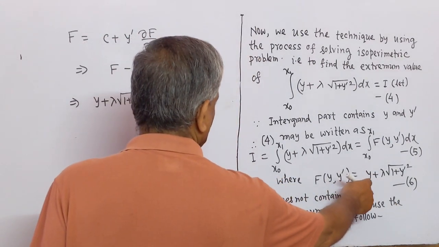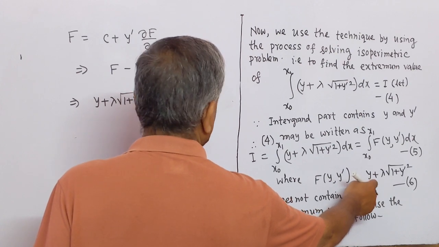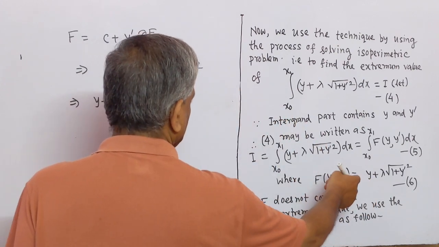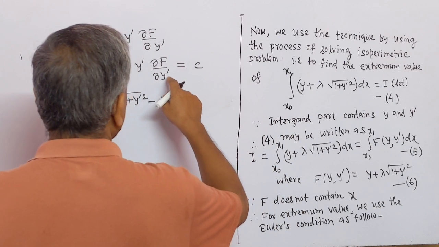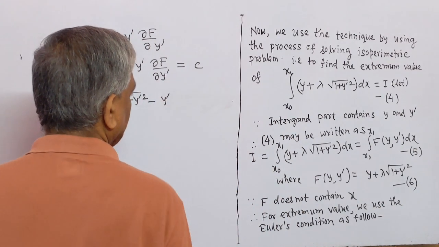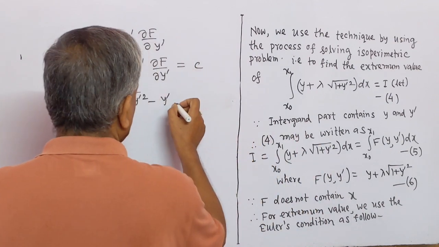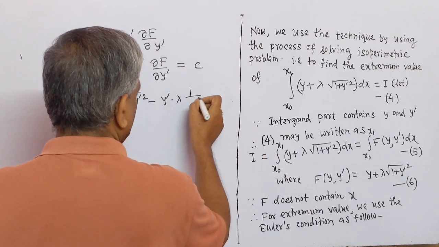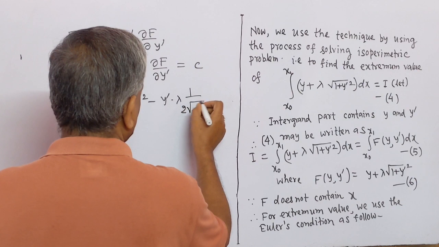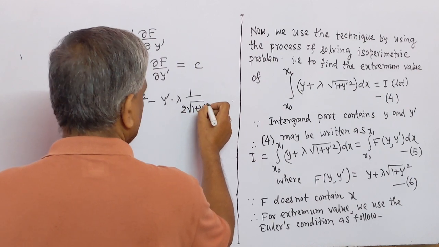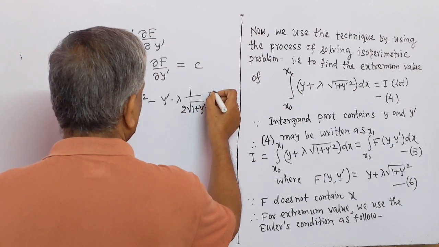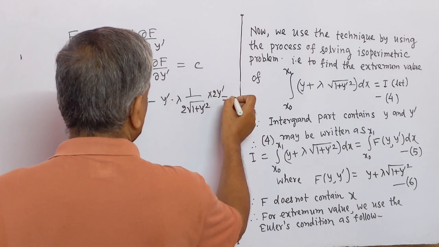Here y is treated as constant because we are differentiating with respect to y prime partially. So remains lambda times 1 by 2 square root 1 plus y prime square multiplied by 2 y prime equal to c.